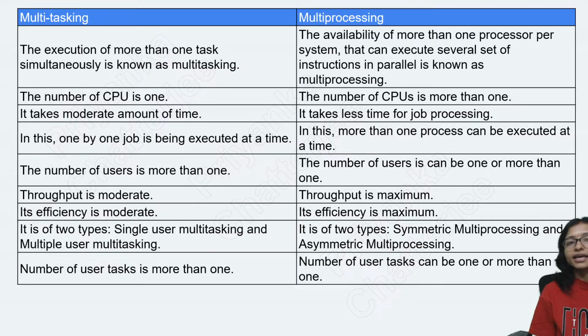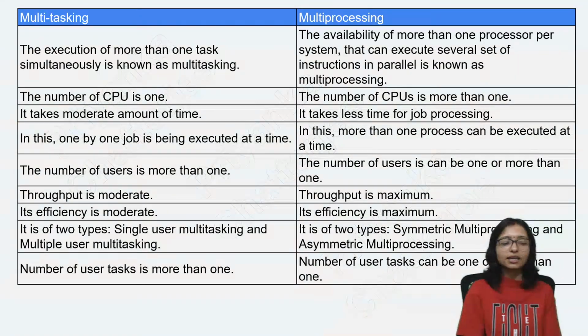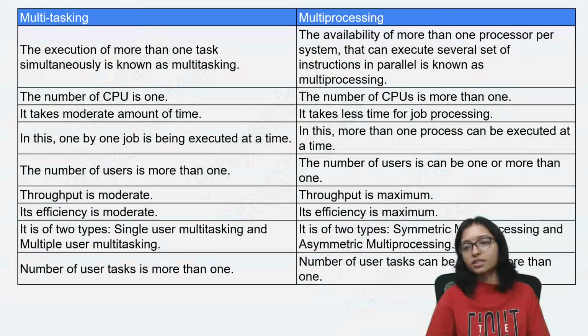Multitasking means the execution of one or more tasks simultaneously. The example you can see is that one by one job it is doing. Whenever you are going with multi-processing, availability of more than one processor is most important. Here multitasking means only one CPU is there.